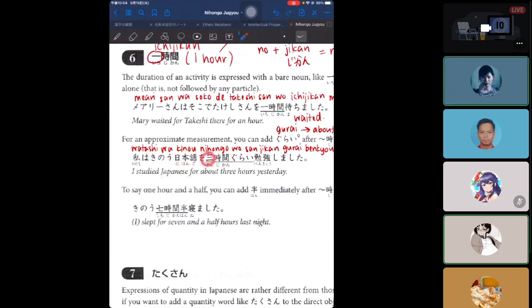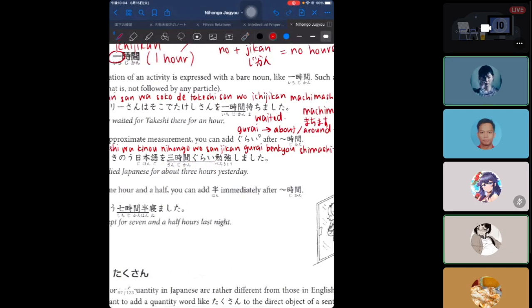Then if you add ぐらい, basically you want to say about 3 hours or around 3 hours. It will become a rough estimation.